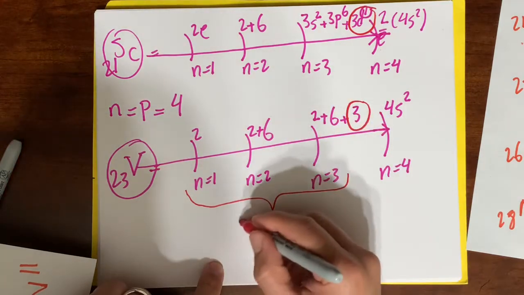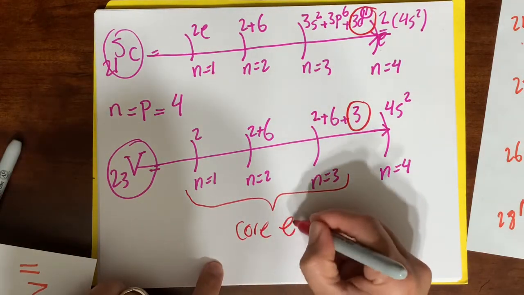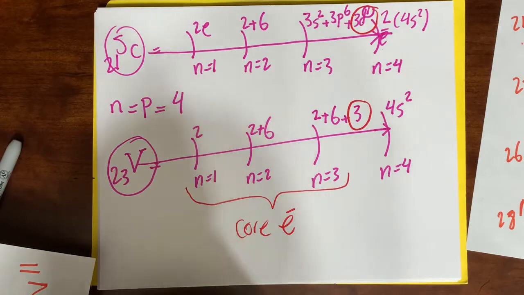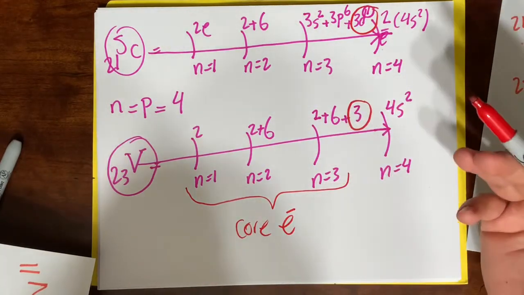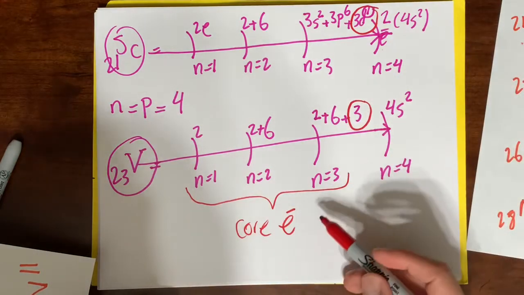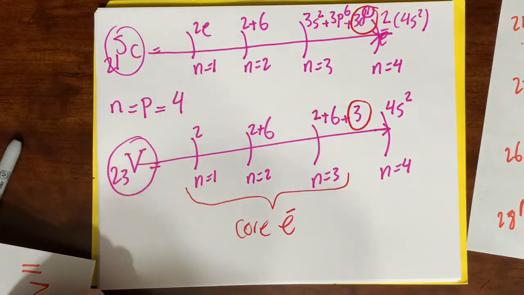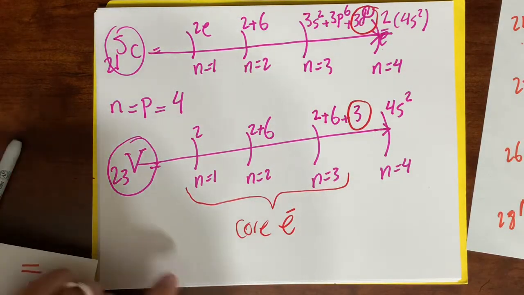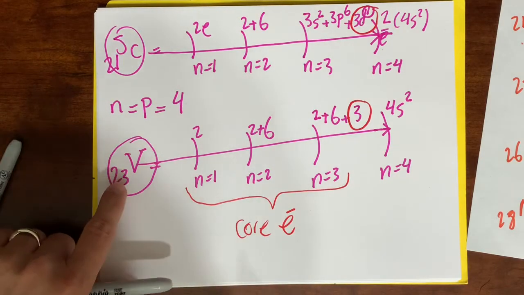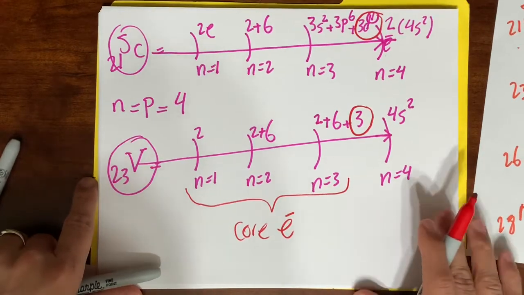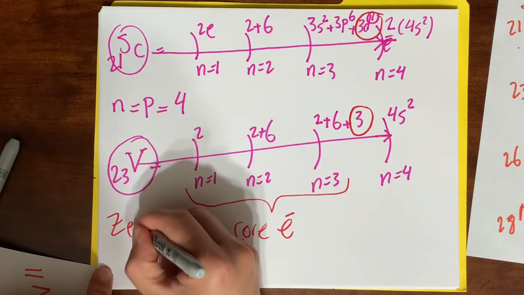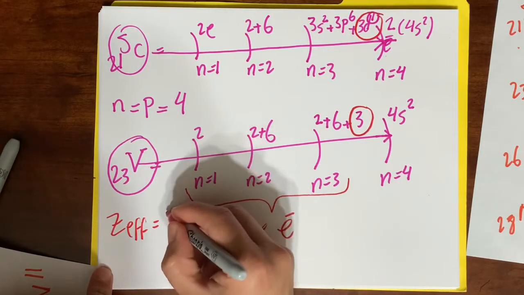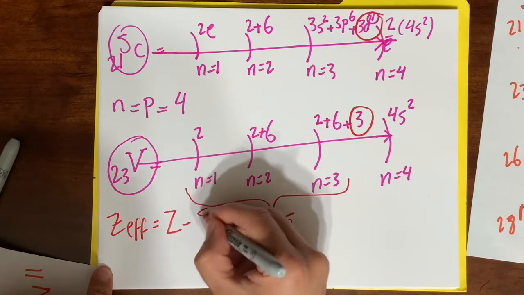You can call them core electrons. The more inner or core electrons you have, the higher the shielding effect you will see. The shielding effect cancels the positive charge, or the attraction force, to some extent. So you say effective nuclear charge equals Z minus S.